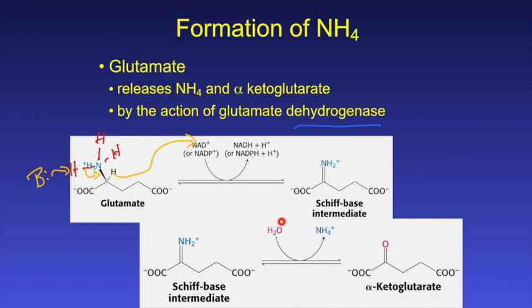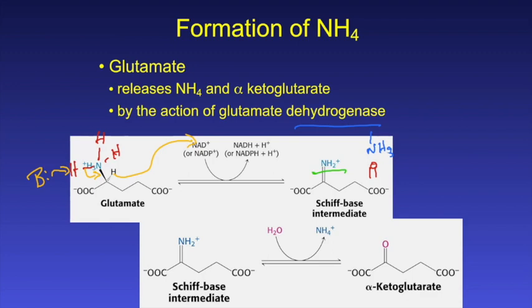And we know if we add water across the Schiff's base, what you can think of is this. If I add water, the bottom becomes a ketone, and the top becomes NH3, and if it's just a hydrogen, it'll be NH4, but that comes off.